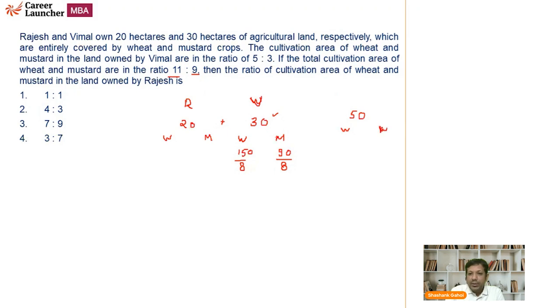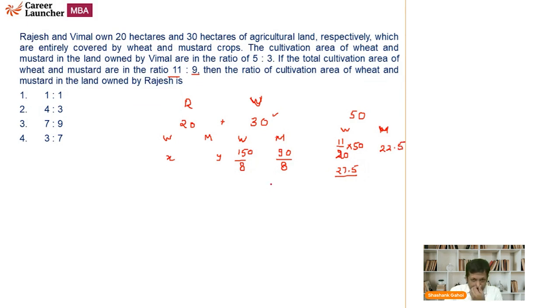That is 11 upon 20 of 50. Okay. So let's say this is x, this is y. So 11 upon 20 of 50 is going to be 2.5 times 11, which is 27.5. So wheat area is 27.5. So mustard area is going to be 22.5.